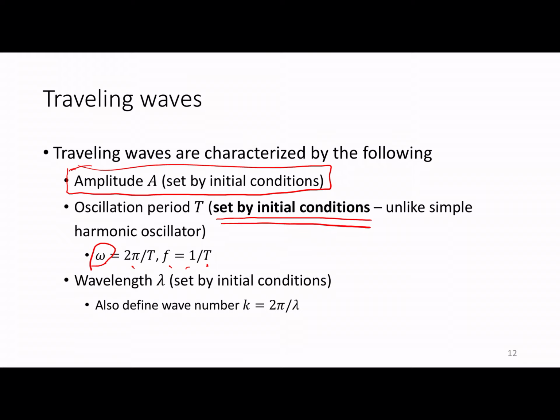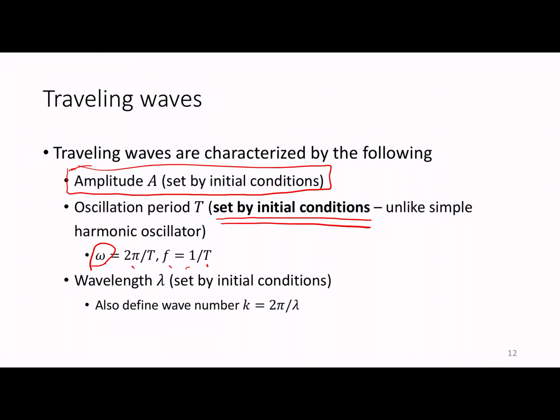Now, one big difference is that unlike the harmonic oscillator, period is now going to be set by initial conditions. So for a traveling wave, oscillation period is set by how fast I shake it. If I have a slinky and I shake it very fast, the period will be short. If I shake it very slow, the period will be long. So that's not a fundamental constant of nature, it's just set by how fast I go. Similarly, the wavelength lambda is set by how fast I shake it, or by the initial conditions.